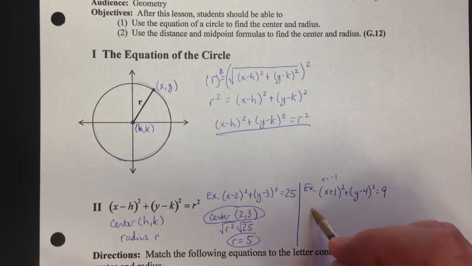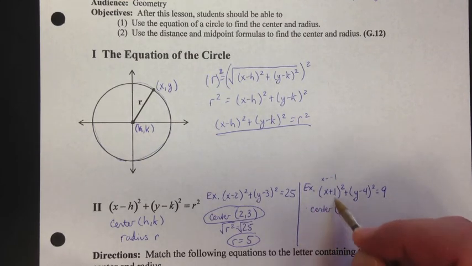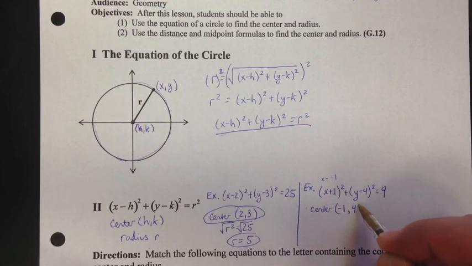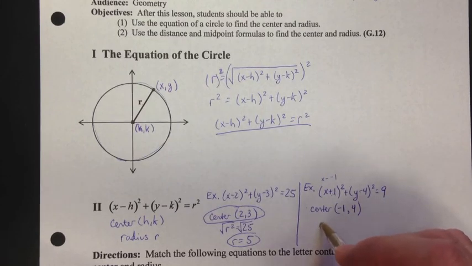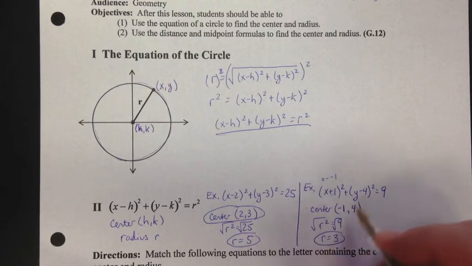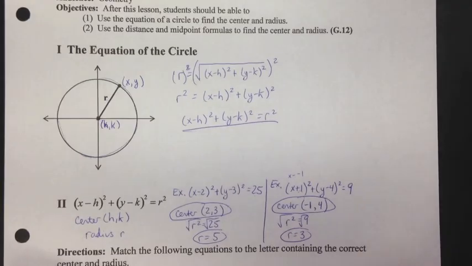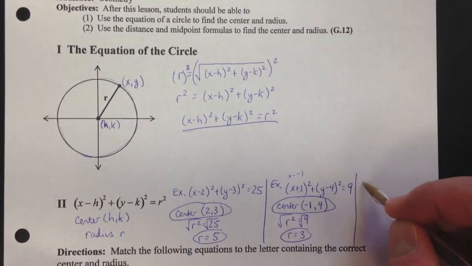So when I write down my center, it's the opposite of 1, it's negative 1. And then y subtract 4, so it's the opposite value of what you see in the parentheses: negative 1 comma 4. Now r squared is 9. We'll solve that by taking the square root of both sides. r is equal to 3. Center is negative 1, 4. Radius is 3.